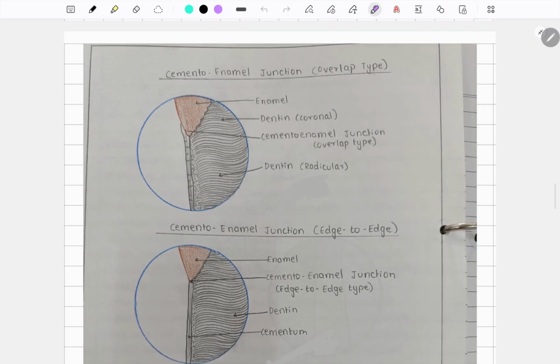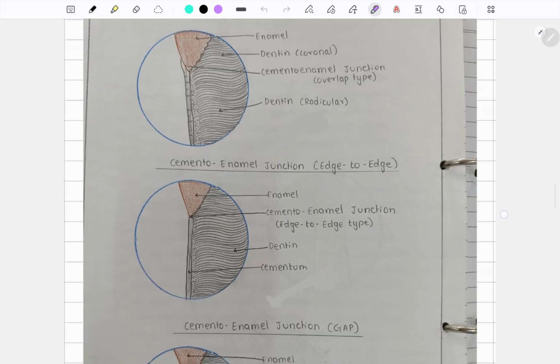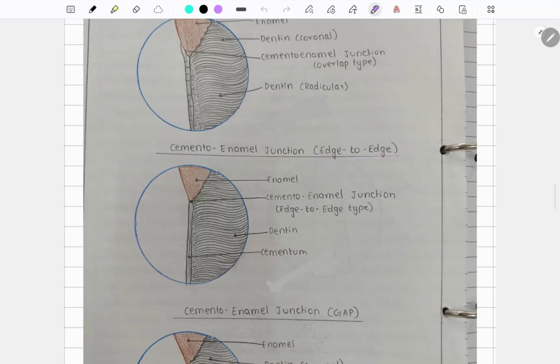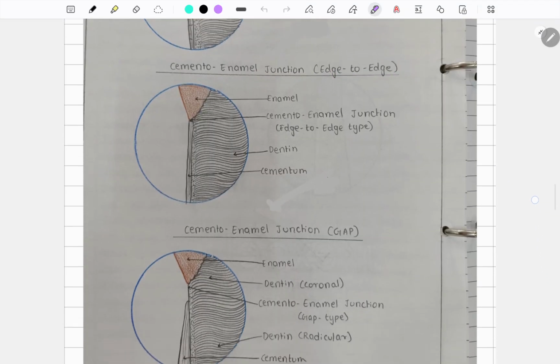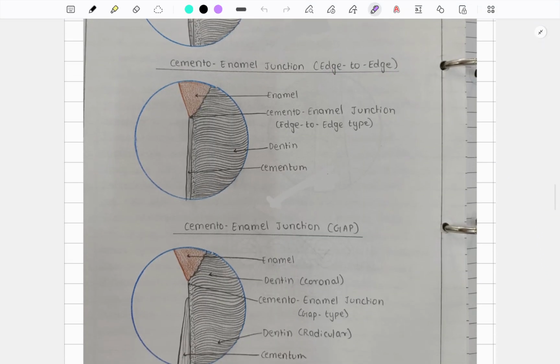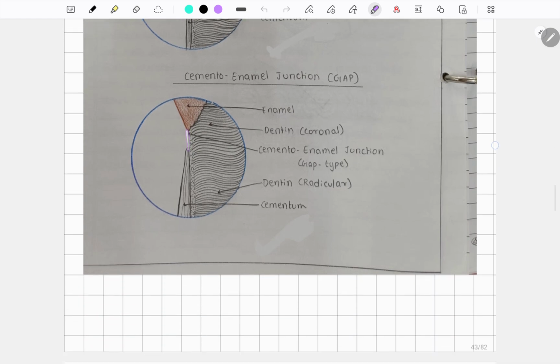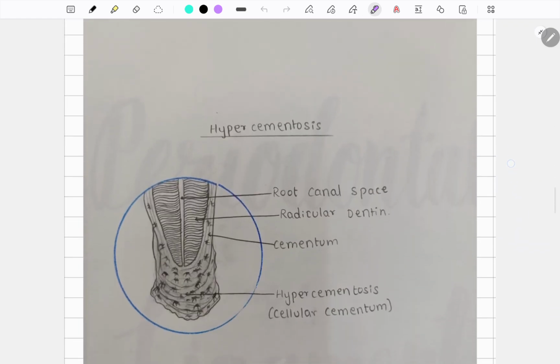You can also mention that overlap type of junction is in most of the population, that is 60% of population. Then edge to edge junction is seen in 30% of population, and it is also known as butt joint. And gap junction is seen in only 10% of the population, which exposes the dentine. These are the identification features you can write.